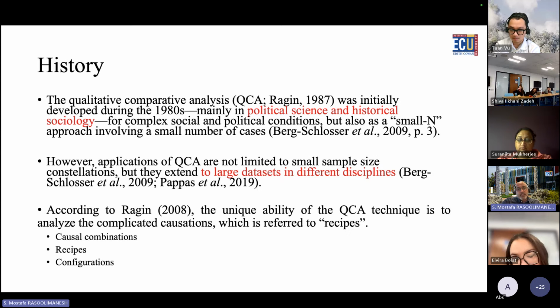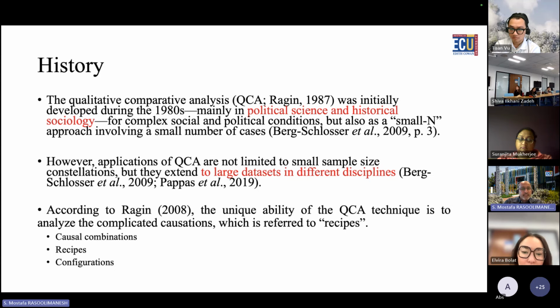So originally this method, qualitative comparative analysis, is a qualitative method, but of course for applying it we need to quantify qualitative data, and then we can use this method for analyzing qualitative data for small samples.